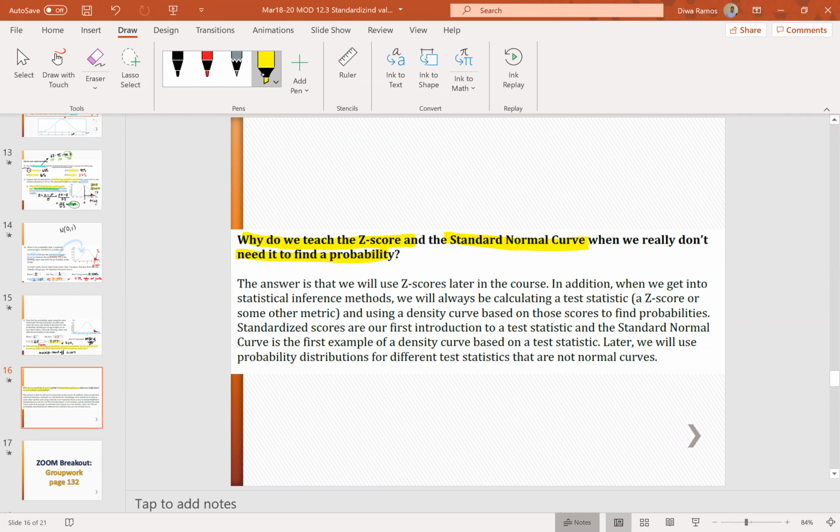The answer here is that z-scores will be used much later in the course. For now, we're looking at the methodology on how to standardize the data. This is more of preparing ourselves for a much bigger type of lesson in the future.